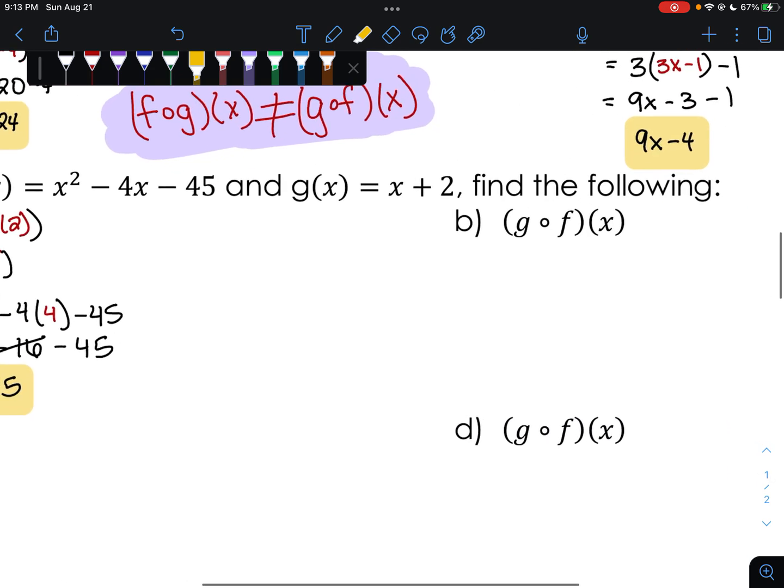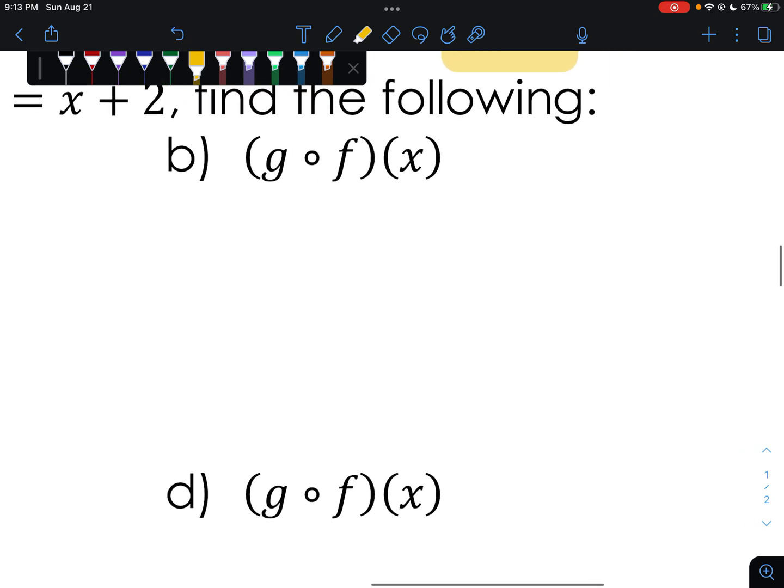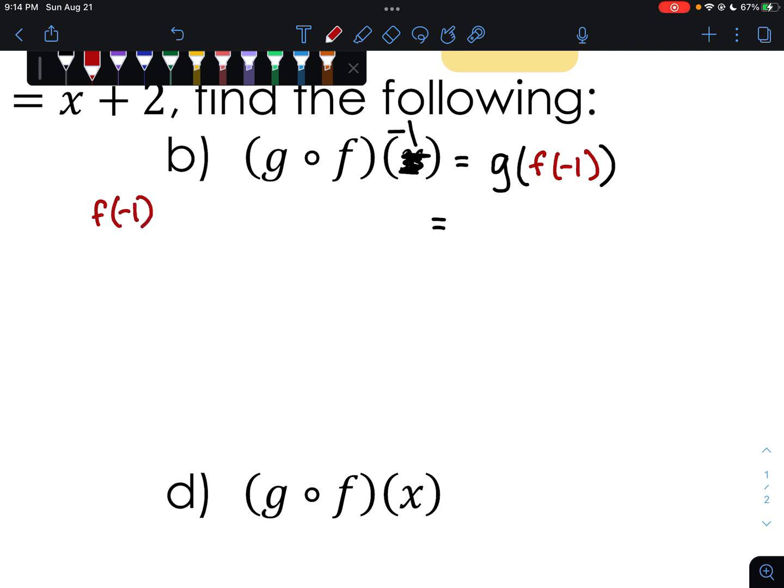Now we want to find g of f of -1, so that does need to be corrected right there. I believe on your paper it should already be fixed, but on mine it is not. So we're going to find g of f of -1. So that would be finding f of -1 first.